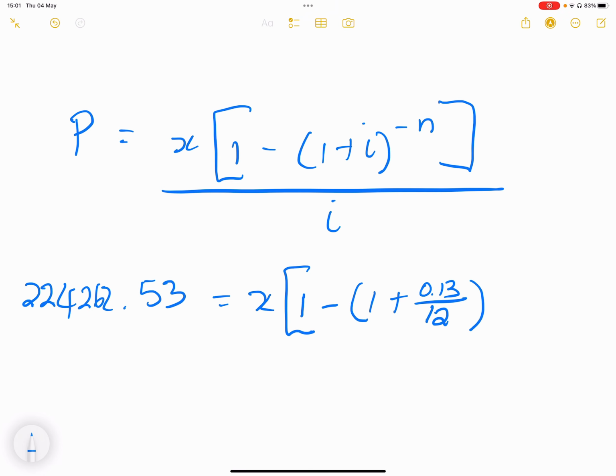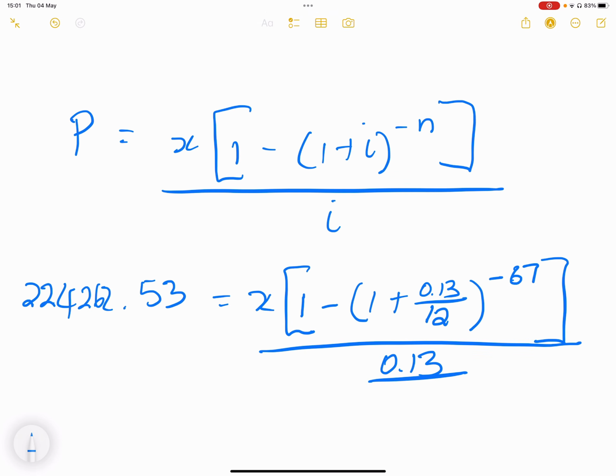But remember, we're paying this off over not 66 months because we're including an additional month there. That's over 67 months. Please remember that when you start paying off immediately. So this is divided by 0.13 over 12.